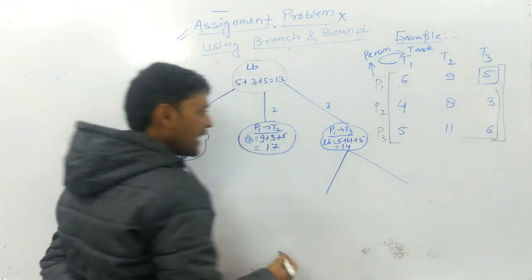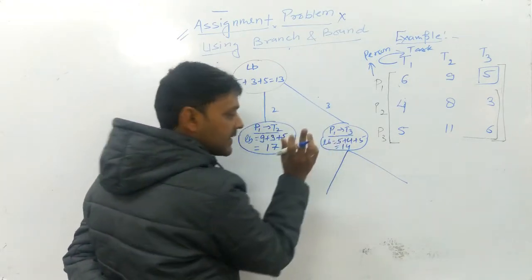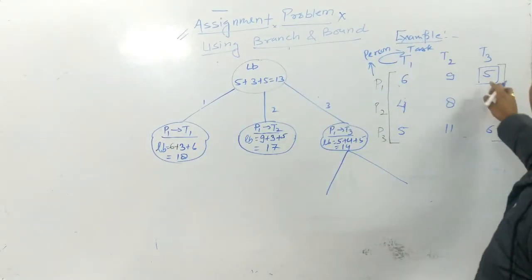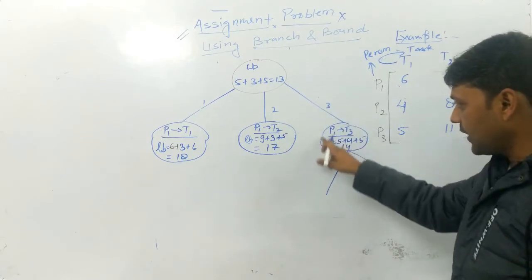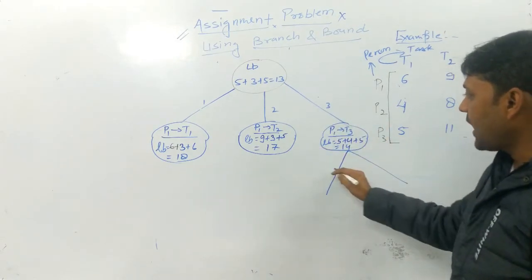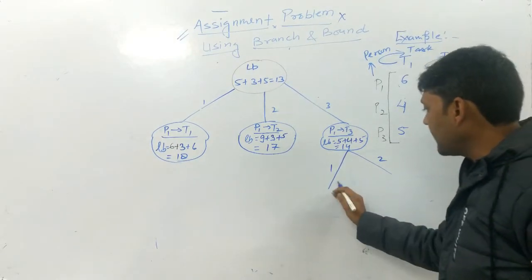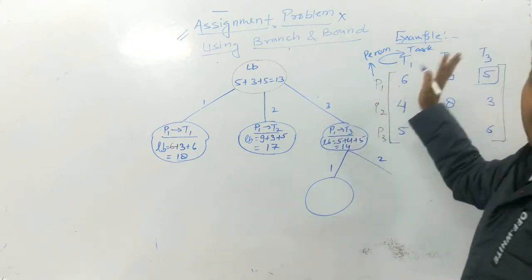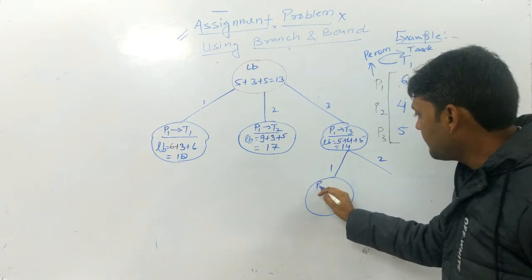Explore the 14. That means P1 is fixed. This task is performed by P1 according to this exploration. That means you have only two choices to be performed here. First P1 is already performed, this is T3, and then we will go for P2.